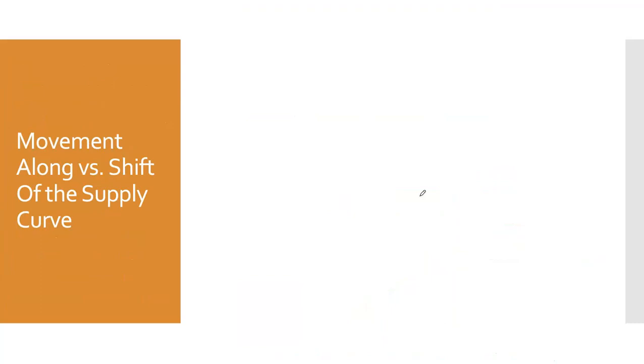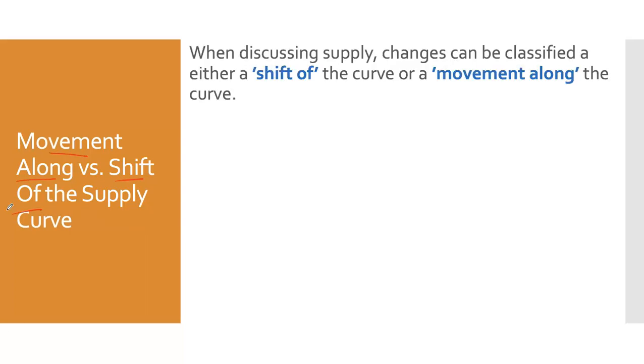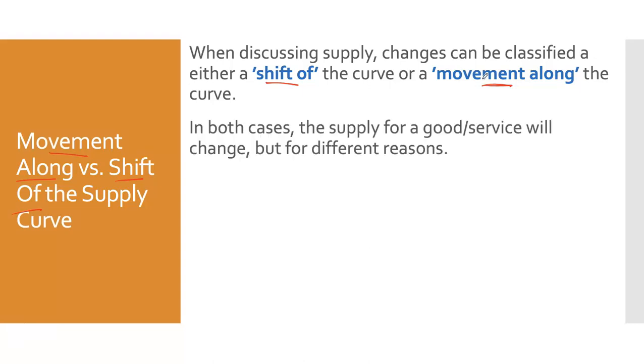We also, similar to the demand curve, need to differentiate between movement along and shift of the supply curve. When discussing supply, the changes in the amount of supply can either be a shift of the curve or a movement along. And it's the same concept as demand. In both cases, the supply for the good or service will change, so we're going to have a new amount supplied, but it's for different reasons.